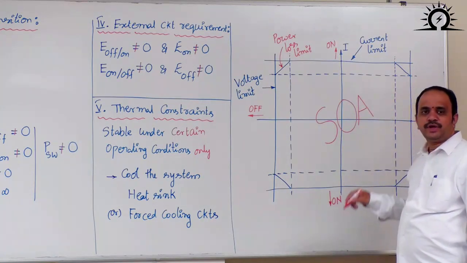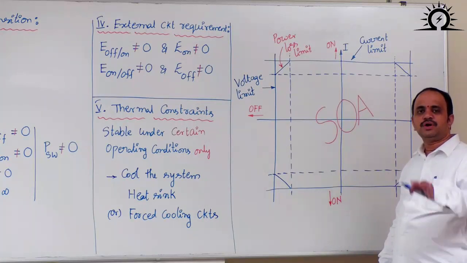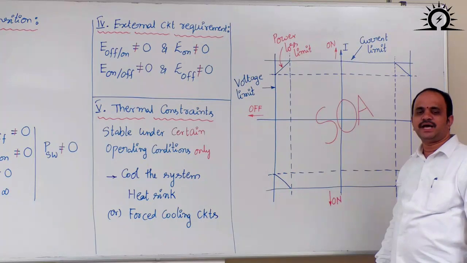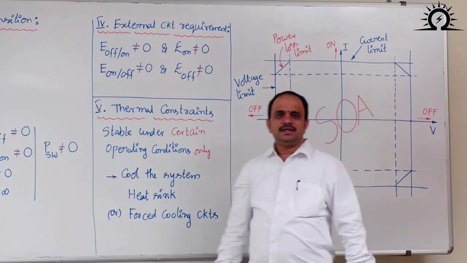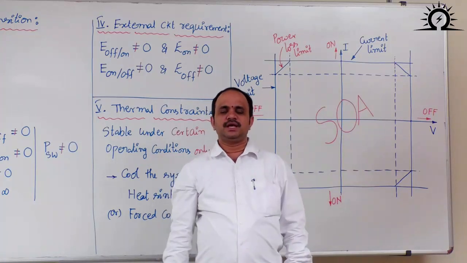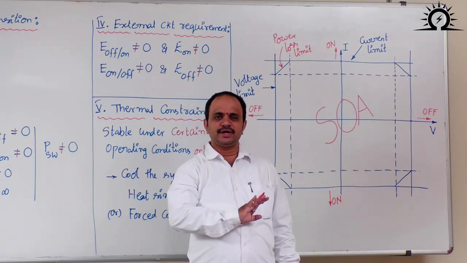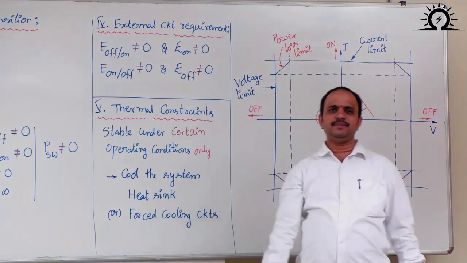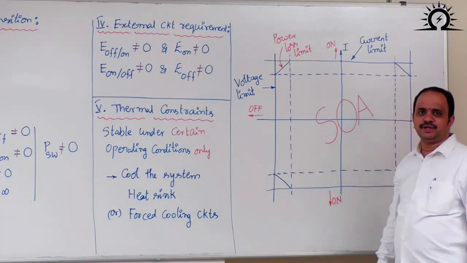When you are buying a particular semiconductor device, you are not supposed to operate at voltages and currents as per your wish. The manufacturer will tell that this particular device can operate up to so and so values. You are not at all allowed to cross those limits, otherwise the device will be damaged.